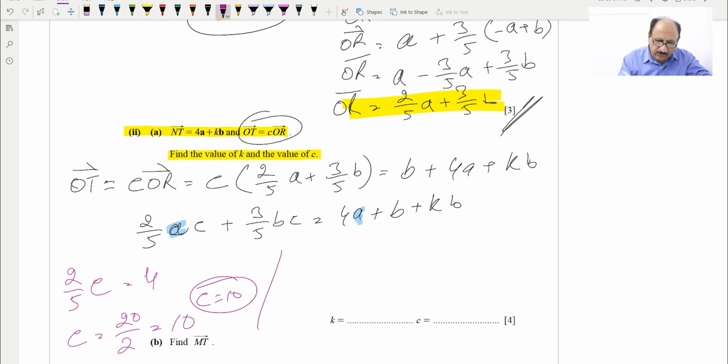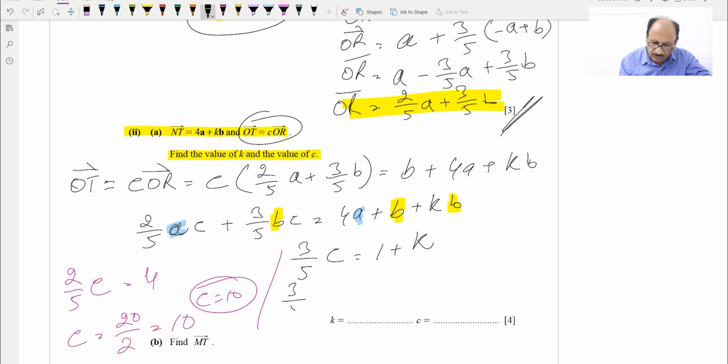Now we can compare this b also. The coefficients of b, this one and this one. So we can write 3/5 of c is equal to 1 plus k. We can write the c value, 10.